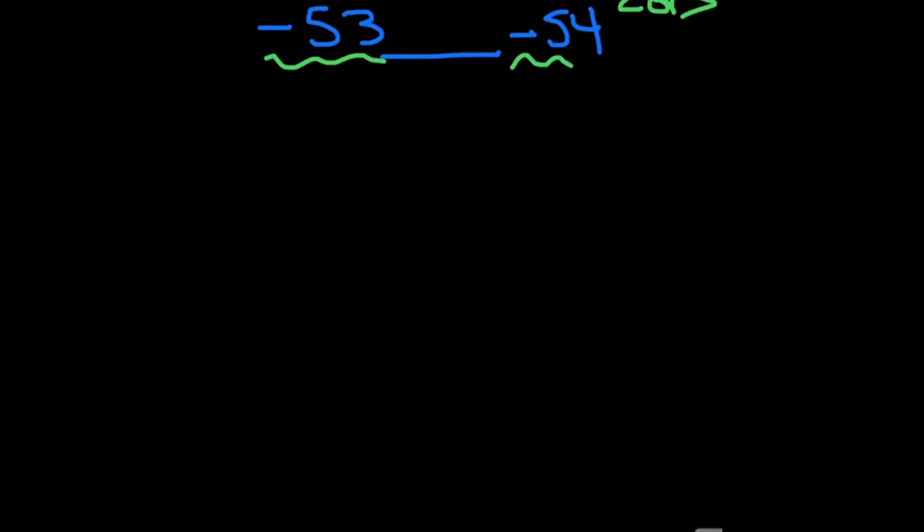Again, the same thing. The closer you are to 0, the larger you are. Which one is closer to 0? This one, right? So negative 53 is greater than negative 54. For positives, the farther you're from 0, the greater, the larger you are. And for negatives, it's really the opposite.